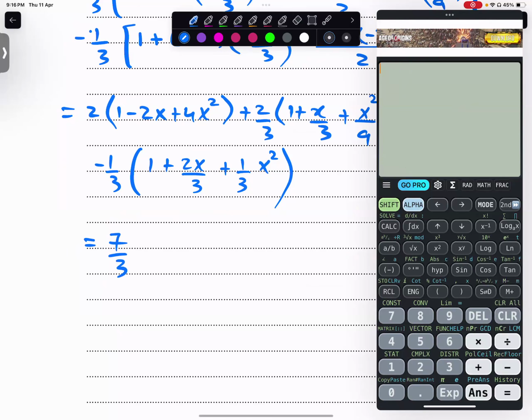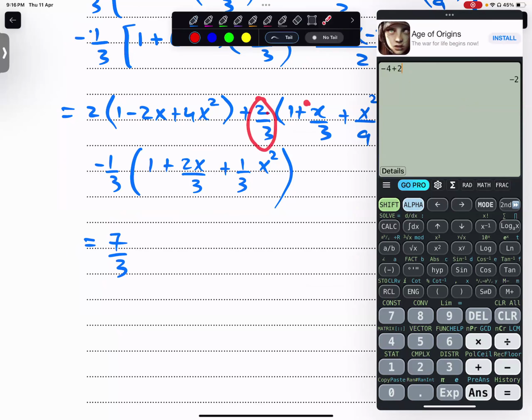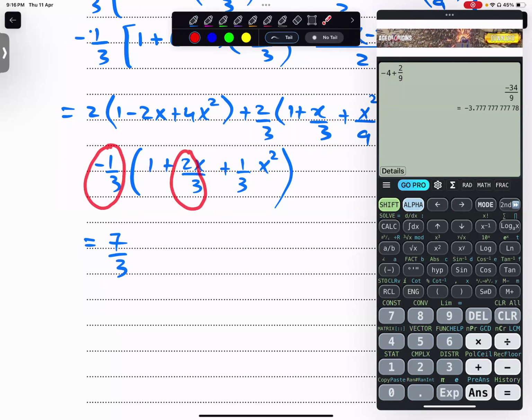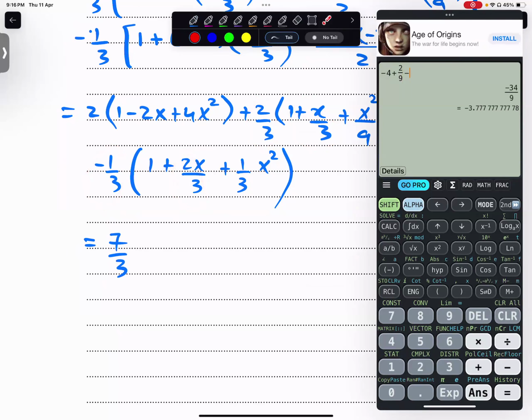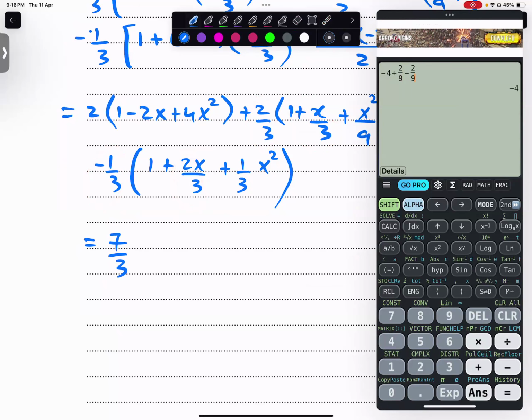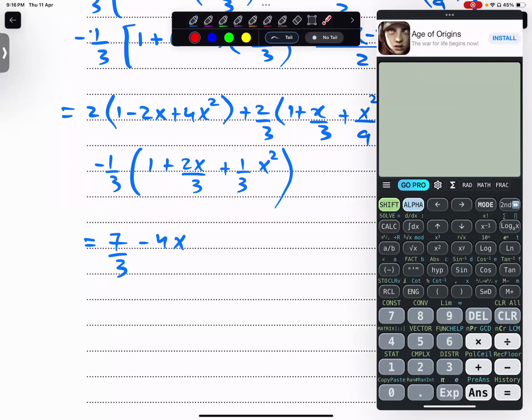Now let's find coefficient of x, minus 4. And then plus 2 plus 2 by 3 into 1 over 3. So 2 by 9. And then minus 1 over 3 plus 2 by 3. So that will be minus 2 divided by 9. So minus 4x. And then coefficient of x square. Student, this is one of the topics in which you will not see decent answers. Okay, so don't be afraid.